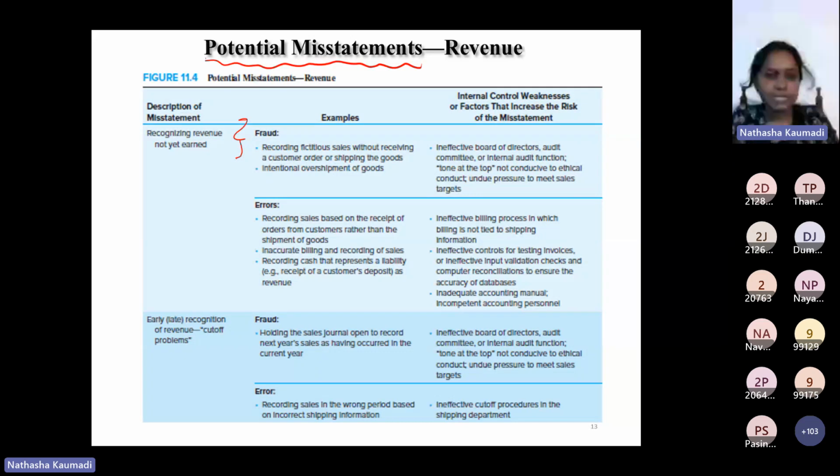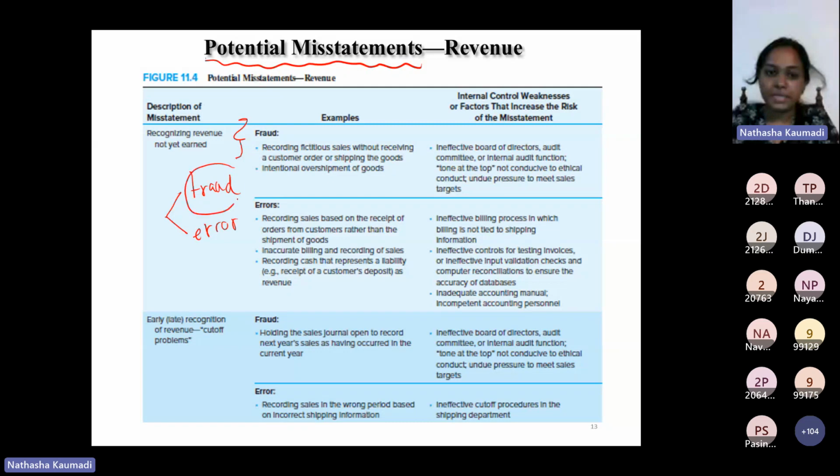Maybe it will come in the next periods, but for this period you have recognized it as revenue. There can be misstatements, which can be material or not based on the audit, but let's say it's a misstatement. This misstatement can be due to two reasons. You have learned that misstatements can happen due to fraud or error, or both.